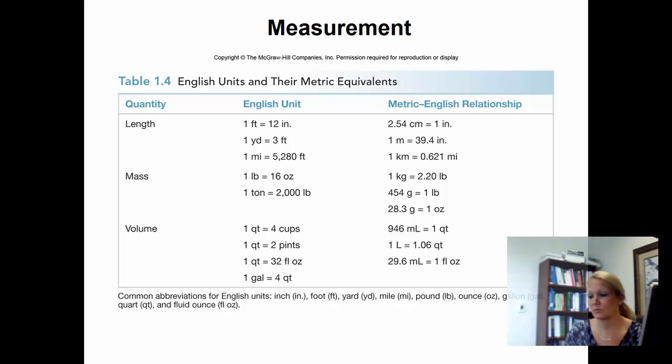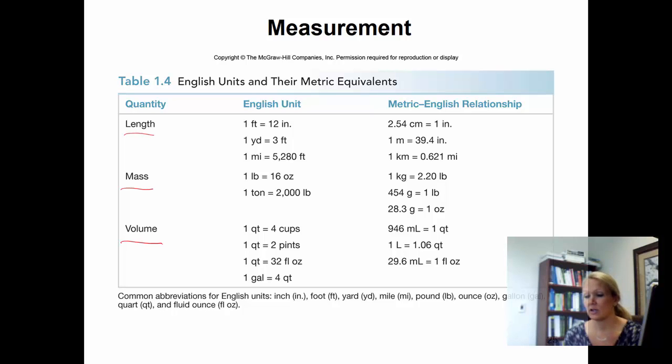Okay, so we can use these units and metric equivalents, and we come up with what we call common conversion factors, or unit factors. And you can find these on the internet, in every chemistry book, you name it. Some of these you probably already know, for instance, 12 inches in 1 foot, or 3 feet in a yard. So we have common units for length, for mass, and for volume.